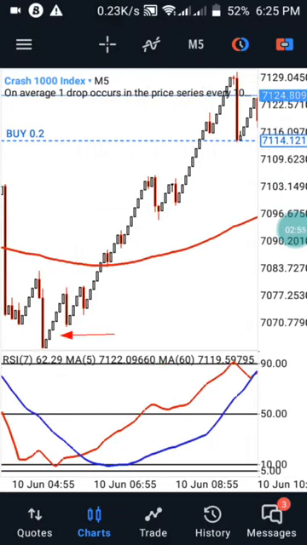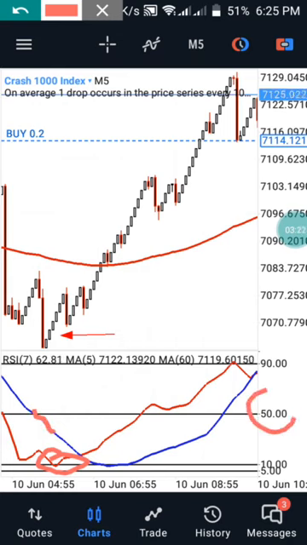You are going to take your entry anytime you have your red 9 reaching the 10 level. Anytime you have your red 9 reaching your 10 level, that's your first confirmation, and at that particular time you will also have your blue 9 moving below the 50 level.